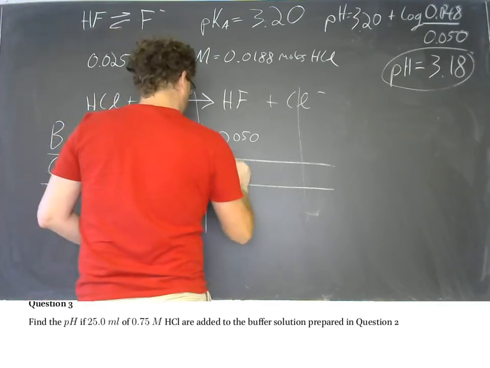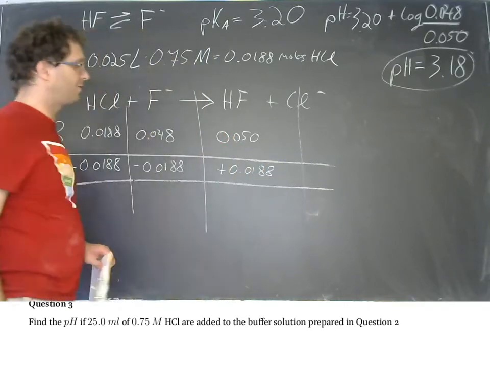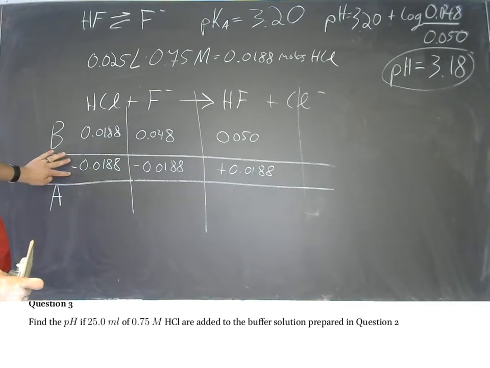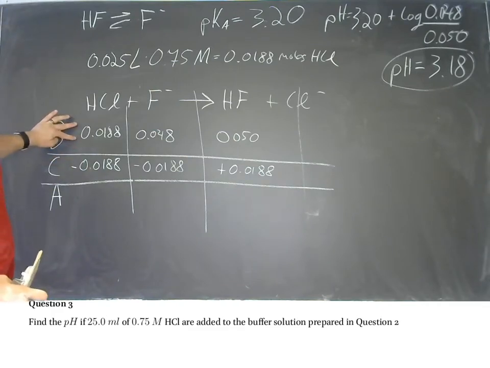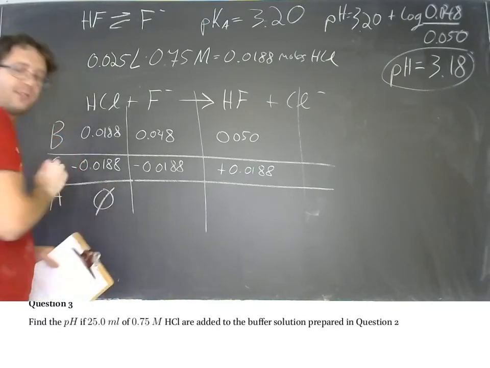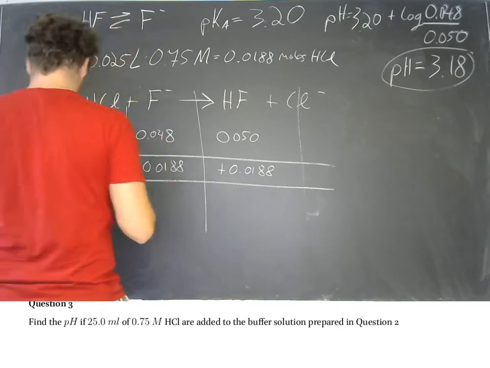And we will gain that amount of hydrofluoric acid. So do you see that? This change amount came from the amount of hydrochloric acid we added. It's going to react until there's no hydrochloric acid left. There's 0.